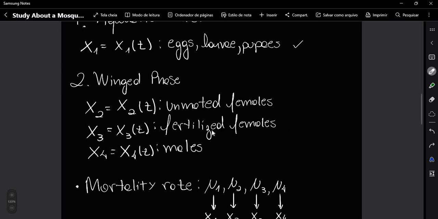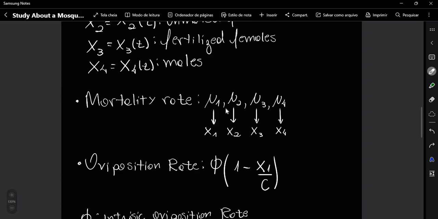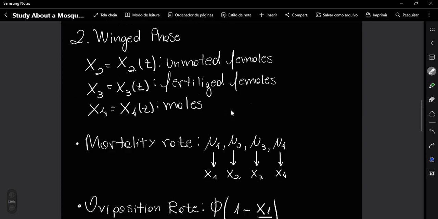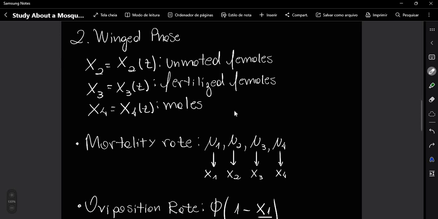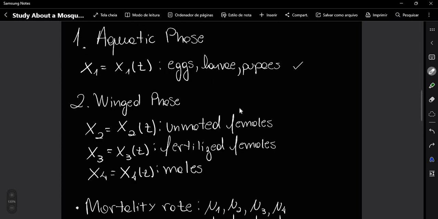Fertilized females we are already using. Right here is males, and right here, this variable is related to the mortality rate of the population of the mosquito.